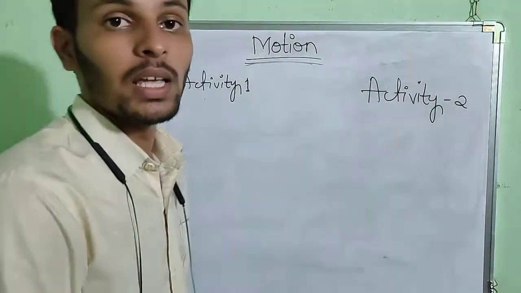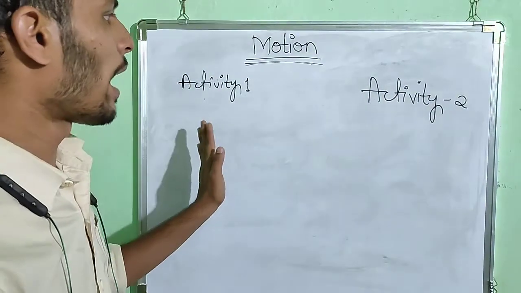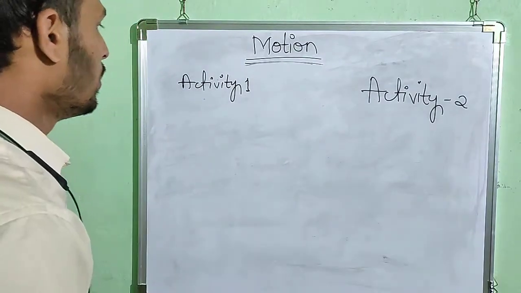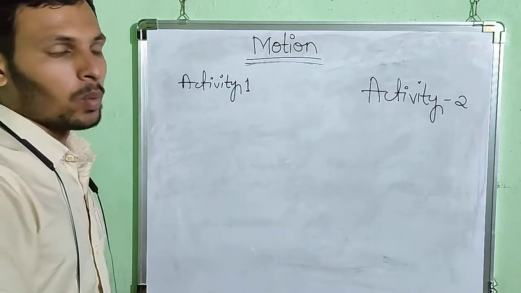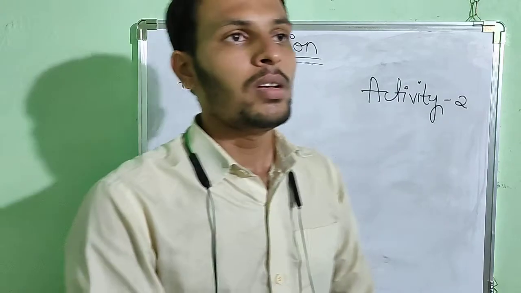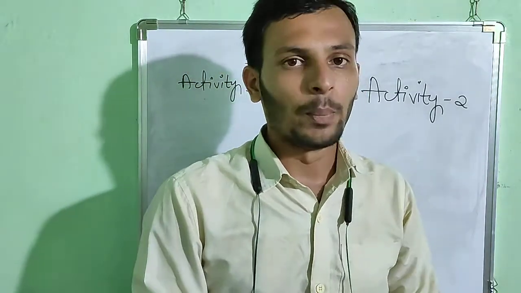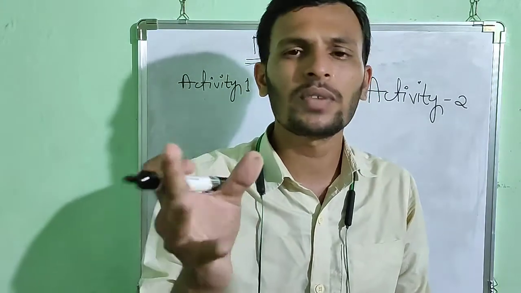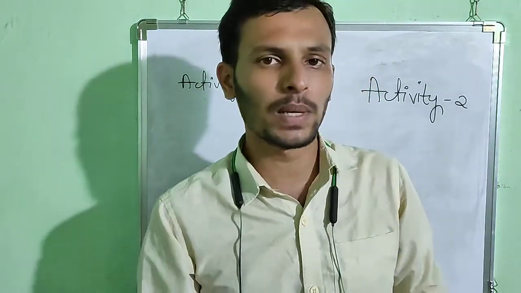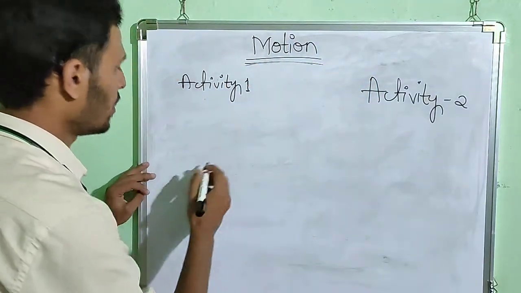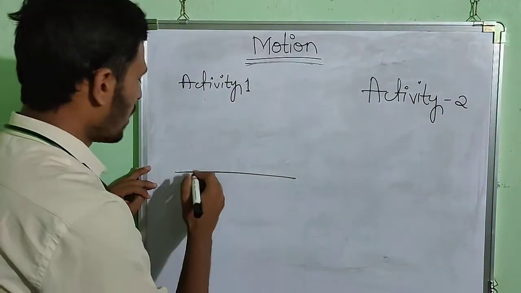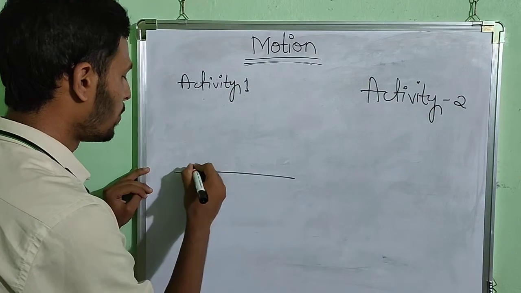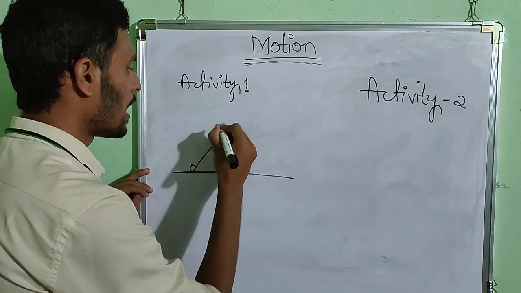Now we'll see activities, activity 1 and activity 2. In activity 1, let us consider a ball. I am throwing a ball with some velocity, with some speed. Let us consider this is my ground and from here I am throwing a ball in this direction.